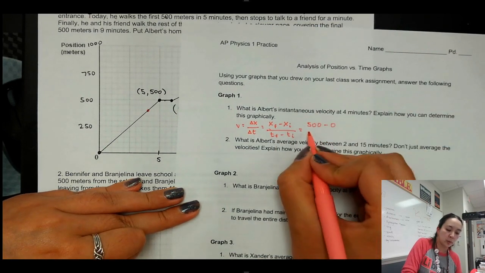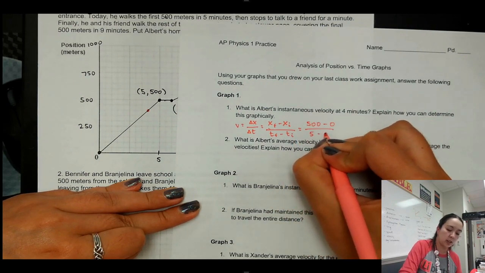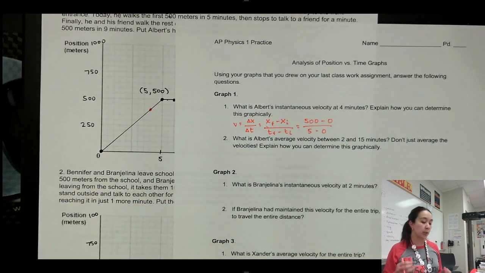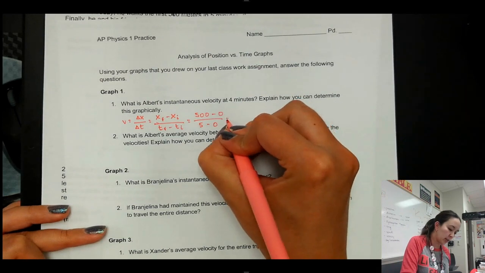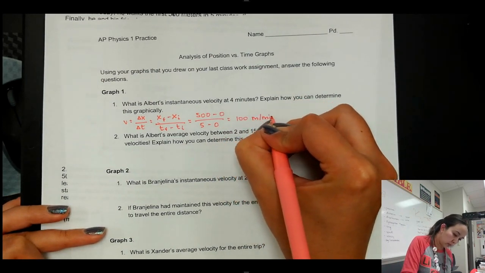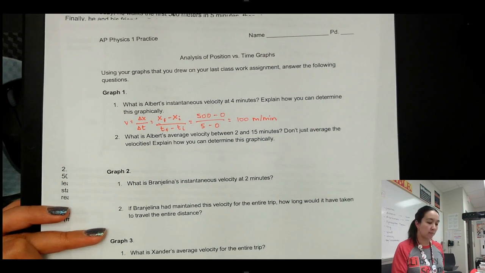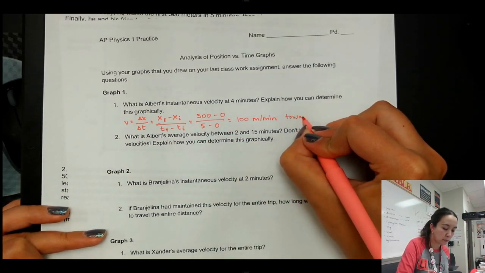His starting position was 0, and the time that it took was 5 minutes, looking from the beginning. So this is how you find the slope of this line segment. 500 divided by 5 is 100 meters per minute. Technically, since it's velocity, we want to indicate a direction as well. He's going to school, so we can say towards the school.